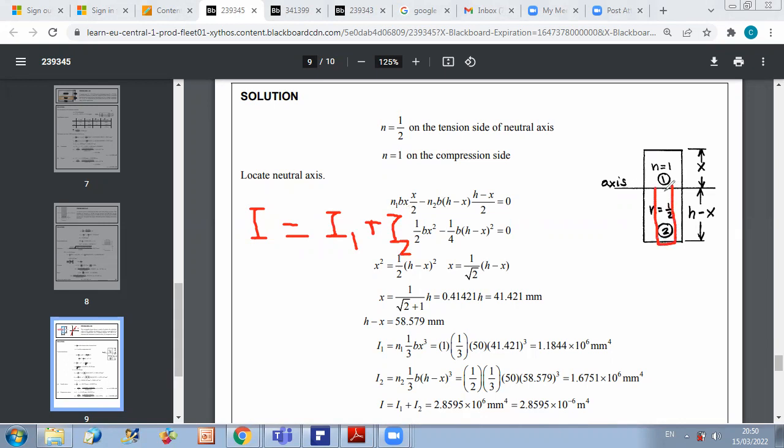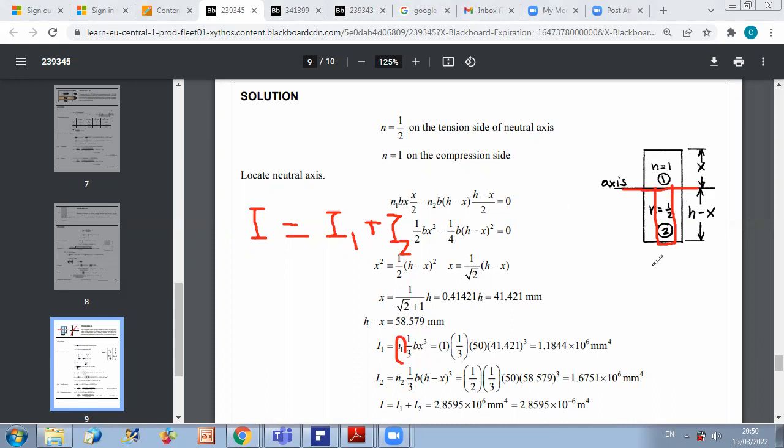Because you have two rectangles, you can directly use the formula bh cubed over 3. For part 1, n1 is 1, so the inertia is 1 over 3 b x cubed.